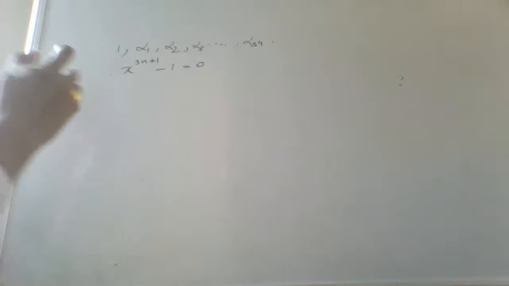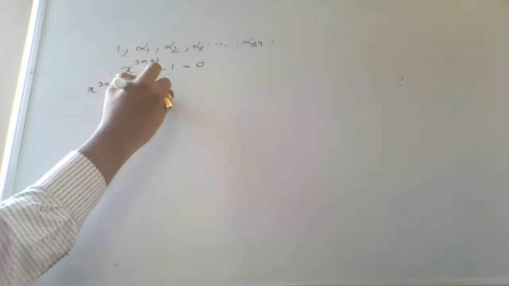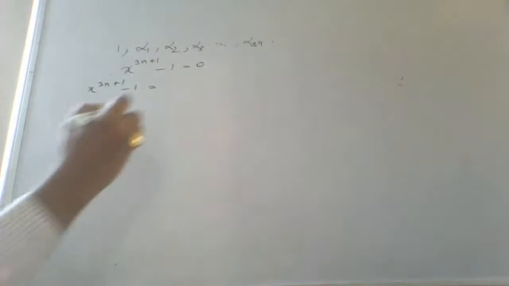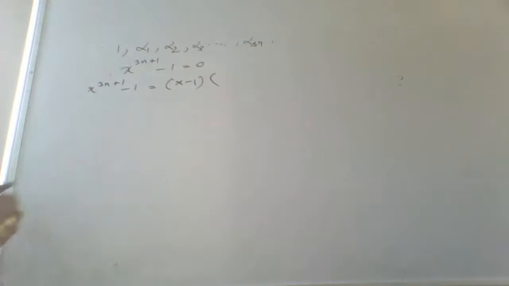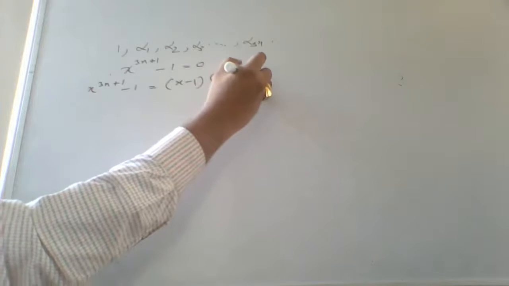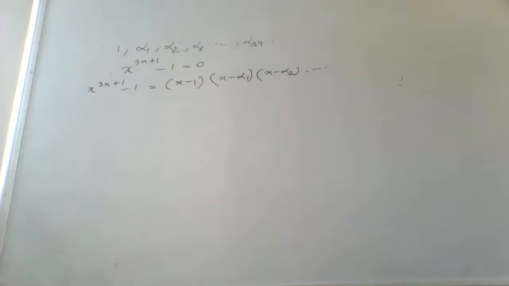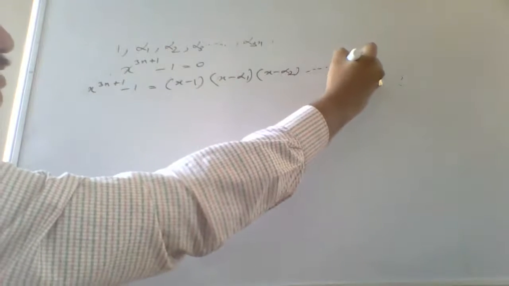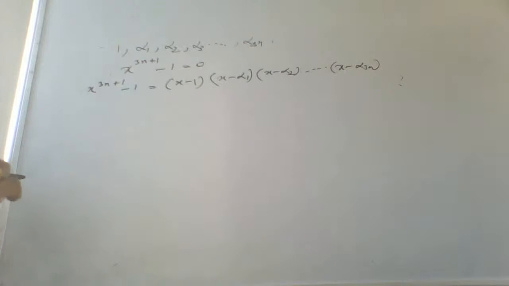Now we can write that as x to the power of 3n plus 1 minus 1 is equal to x minus 1 into x minus alpha 1, x minus alpha 2, and x minus alpha 3n.